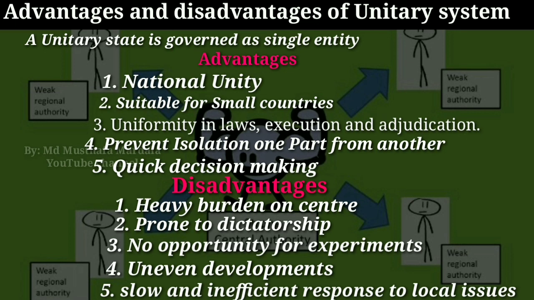For example, usually in a unitary form of government, the state government does not have any defense force. In case of emergency, it has to wait for the center to dispatch its troops. When the troops are mobilized, it will create its own problems because the troops come without awareness of the local issues as well as sensitization towards the local people.